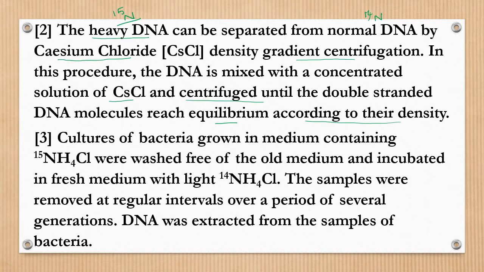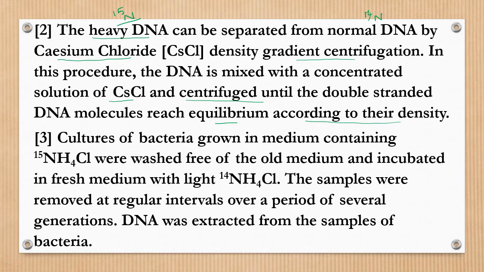So for increasing the density, they use concentrated cesium chloride solution and centrifuge it. The centrifugation continues until the double stranded DNA molecules separate according to their density.